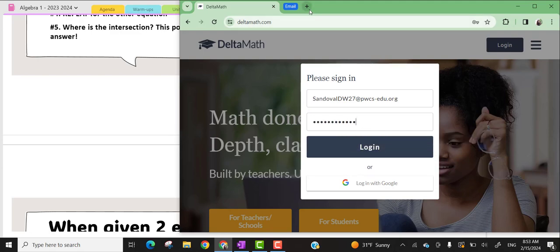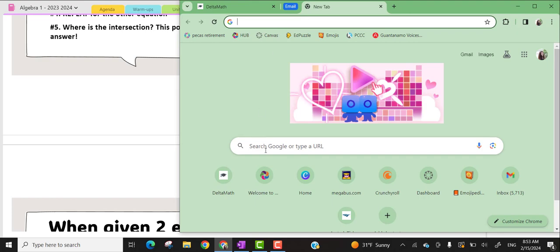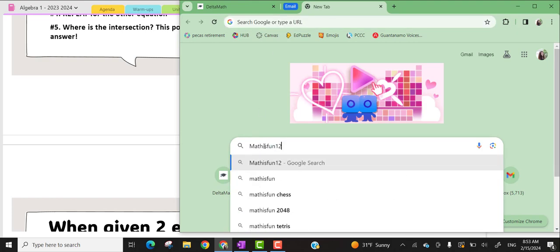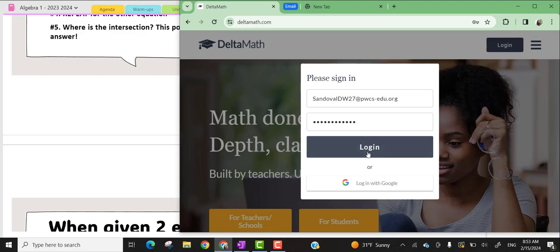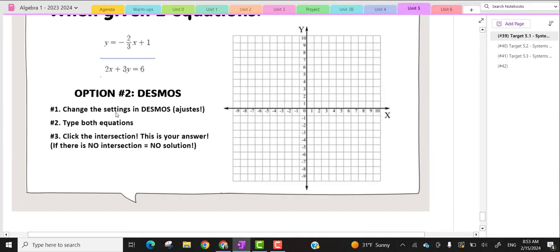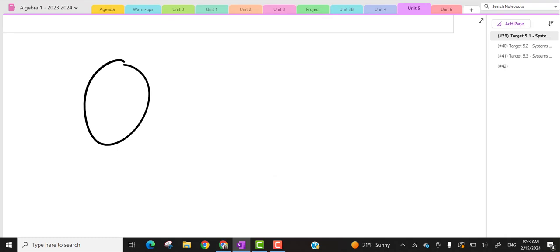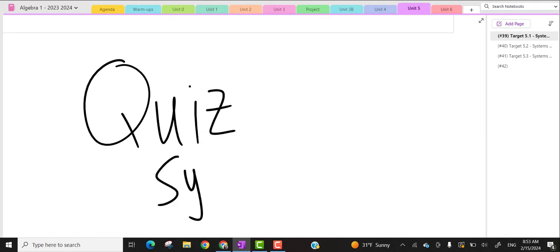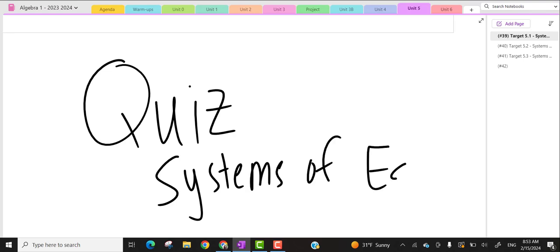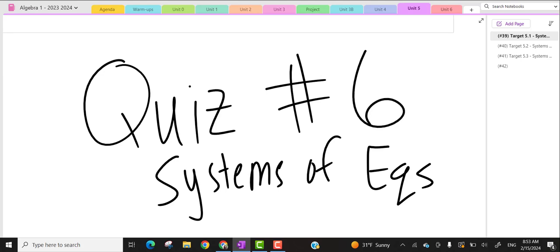Tu contraseña aquí es este. Tu contraseña es mathisfun123 con mayúscula M. So you click that and then log in. And what you're going to be finishing is you're going to be finishing quiz on systems of equations. It should be quiz number 6. Good luck!